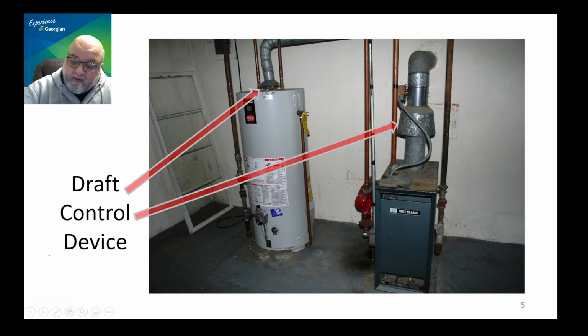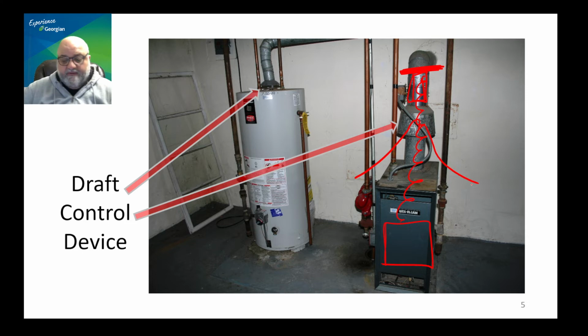The first job is, if you have your combustion chamber somewhere here and there is a stoppage here, for some reason the flue is unable to travel through the venting system, the combustion products are going up and they are going to be stuck here, and eventually they will spill out of the draft control device.